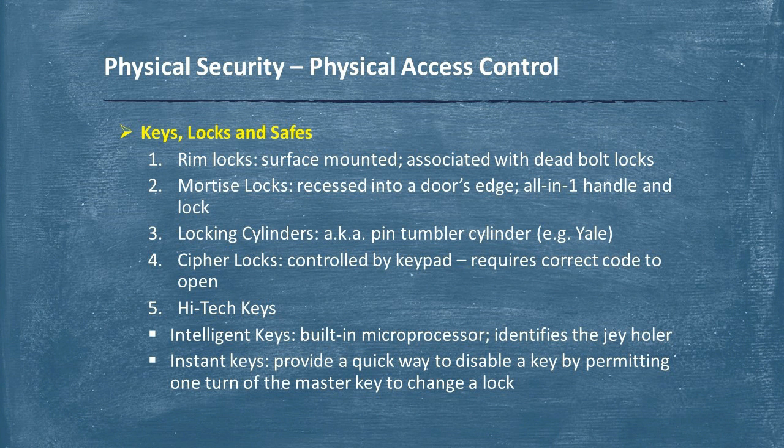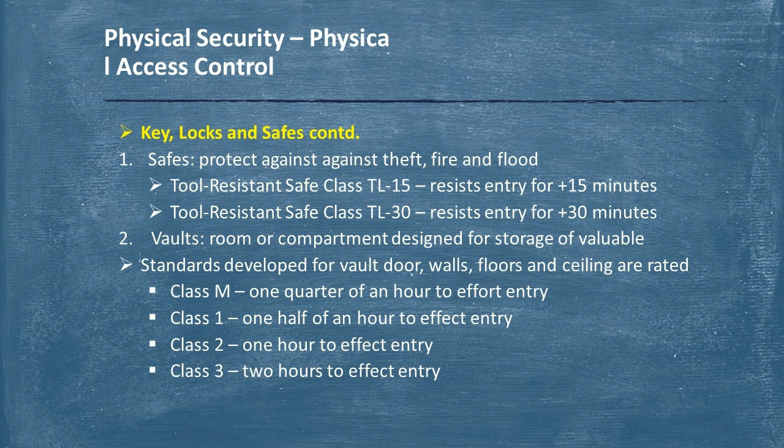Cipher locks are controlled by keypad and require the correct code to open. There are two types of high-tech keys. Intelligent keys have a built-in microprocessor that identifies the key holder, stored inside. Instant keys provide a quick way to disable a key by permitting one turn of a master key to change the lock.